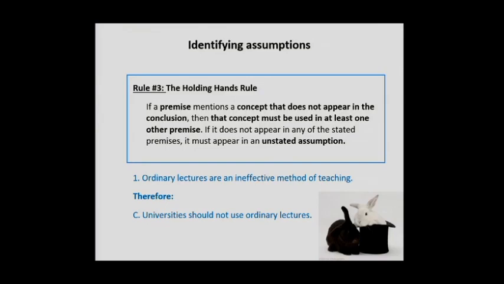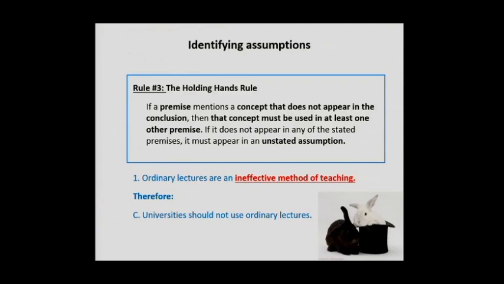If something like that is going on, then a second premise is needed where this concept will turn up again, right? So relevant concepts have to turn up twice, at least, in an argument, namely either in both premises or in one premise and the conclusion. And again, you can see this here, right?